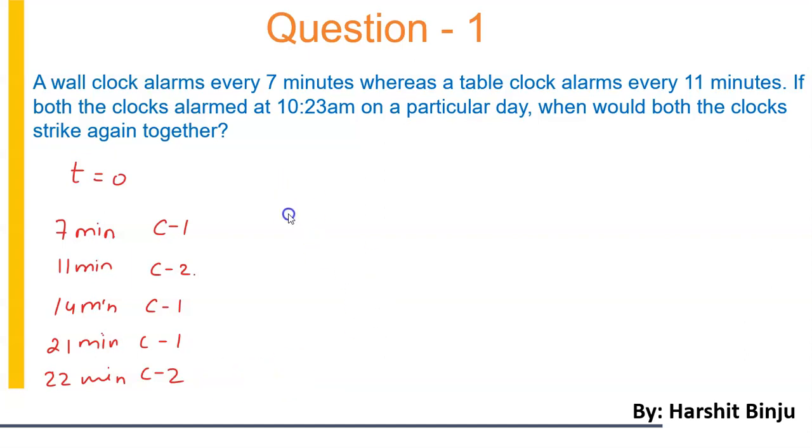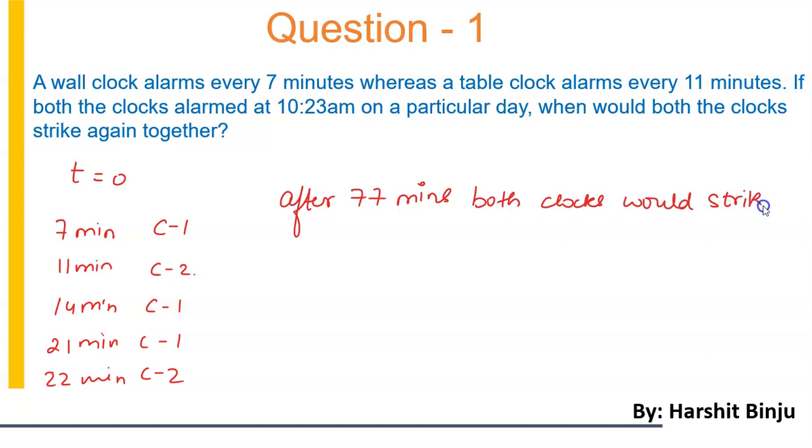So I can say that after 77 minutes both clocks would strike again, because that's going to be the LCM of 7 and 11. Clock 1 is striking in multiples of 7, clock 2 in multiples of 11. So I need a multiple of 7 as well as 11. So it's going to be 77 minutes.